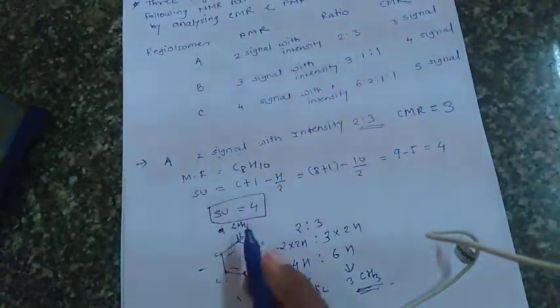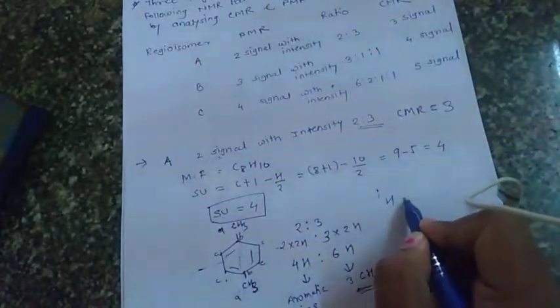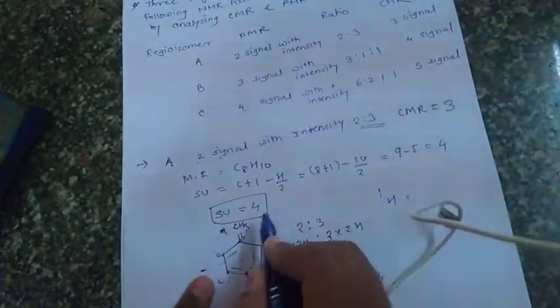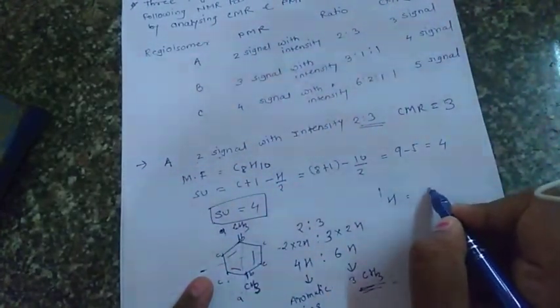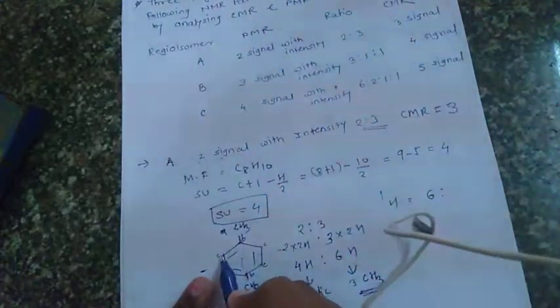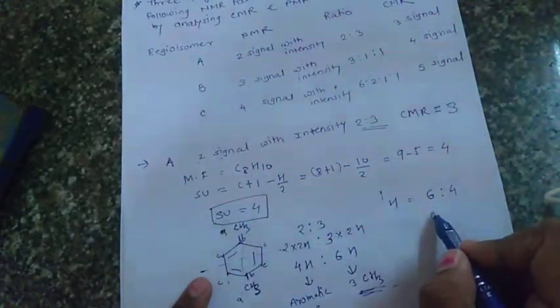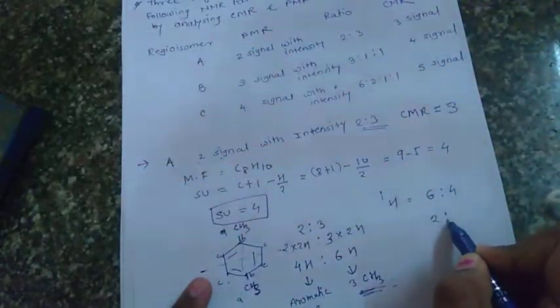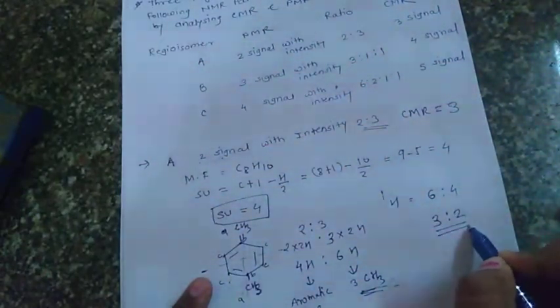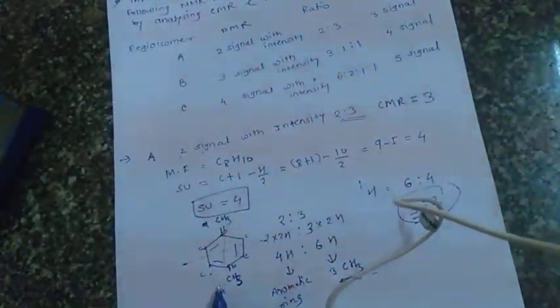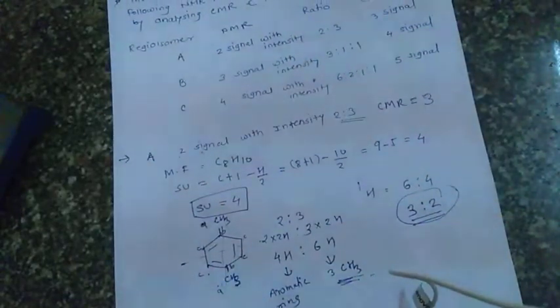That's why the H1 shows two types of signal. One type has 6 hydrogens, and the second type has 4 hydrogens. If we simplify it, we get 3:2. That means their intensity ratio is 3:2. And this is the structure of this regioisomer.